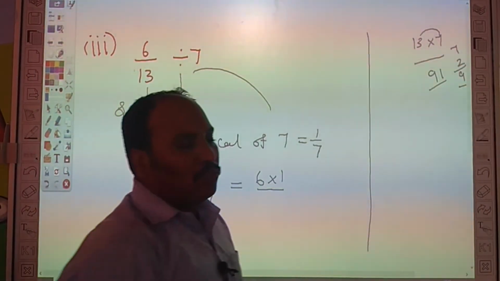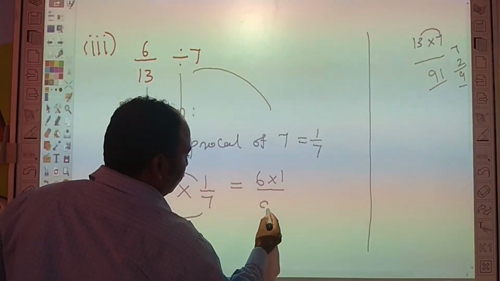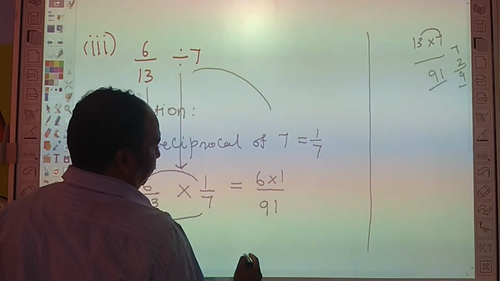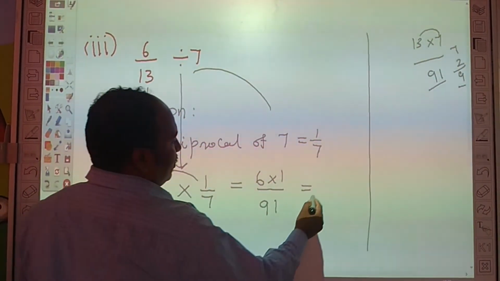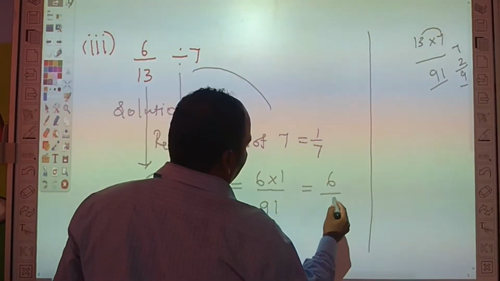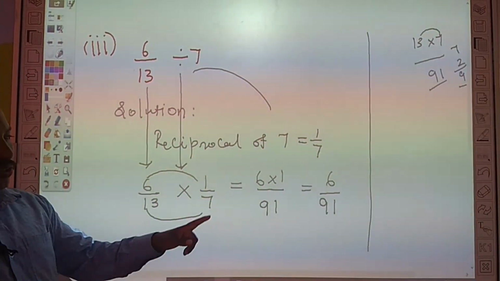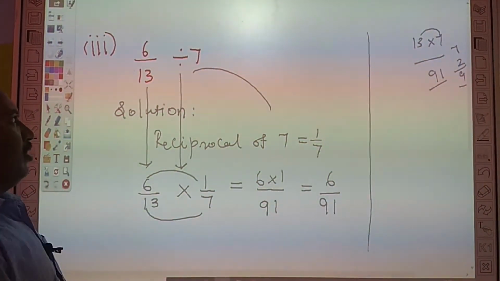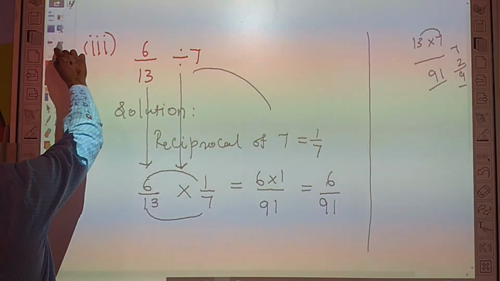So 13 into 7 is equal to 91. The next one, fourth problem.